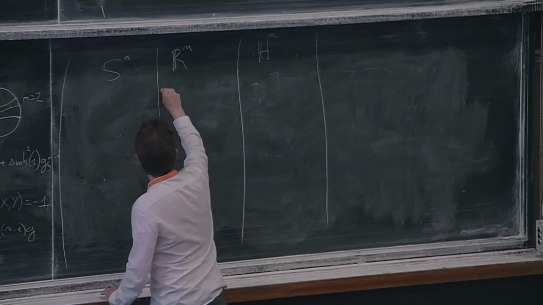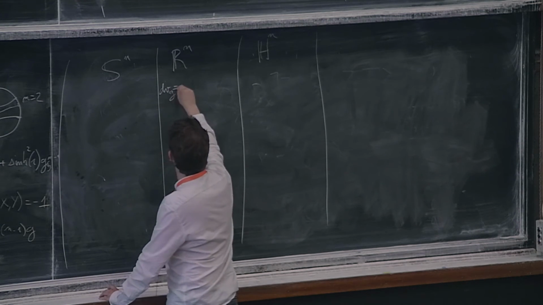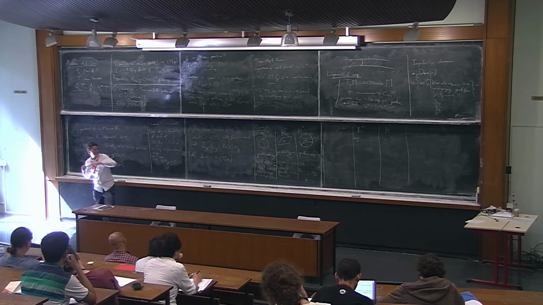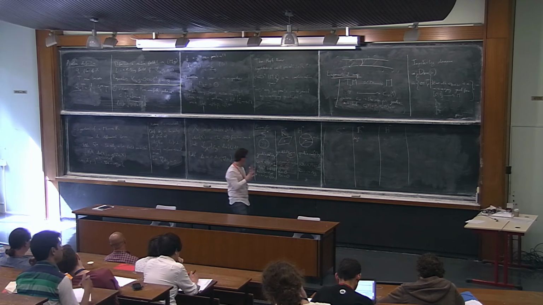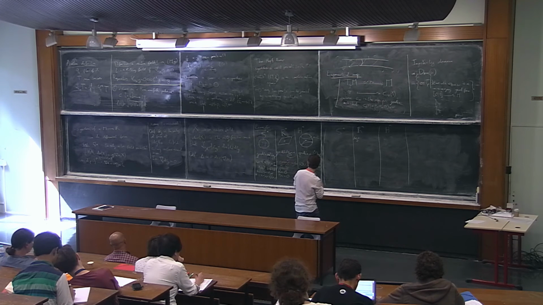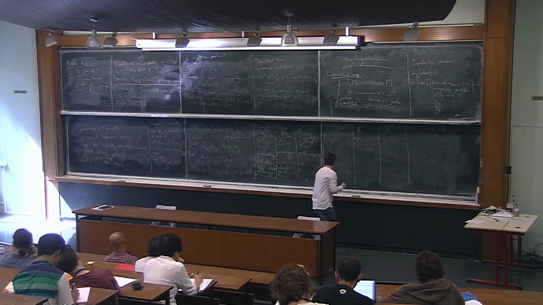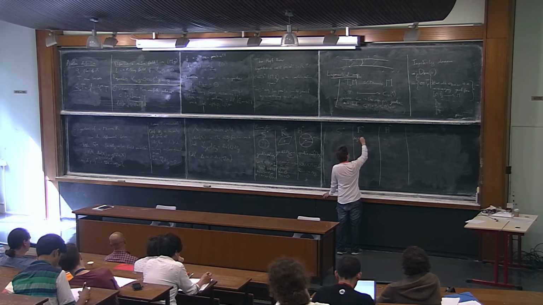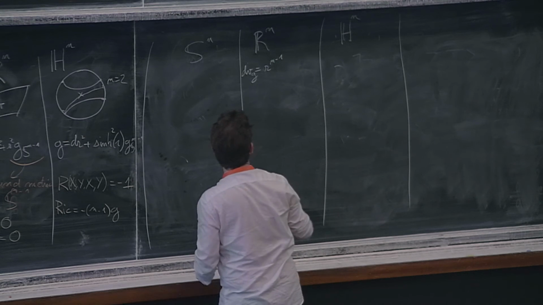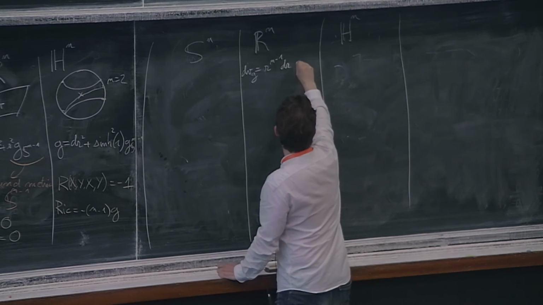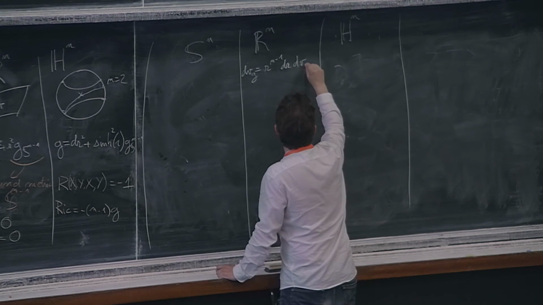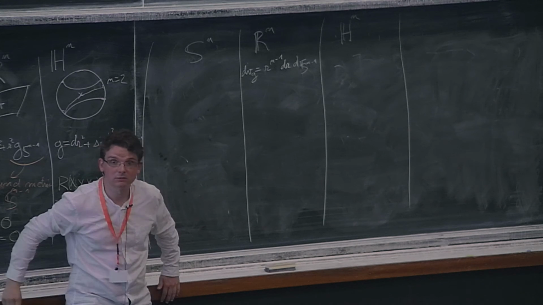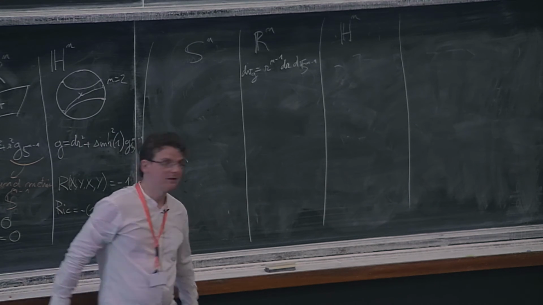Okay, so what will be the volume element on R^n? Well, you need to sit down a little bit and see how things scale to get something reasonable. But after a while, you'll see that there is only one sensible choice, which is r^(n-1) dr, and the volume element on the sphere. So in R^2 you get the usual formula, r dr dθ.